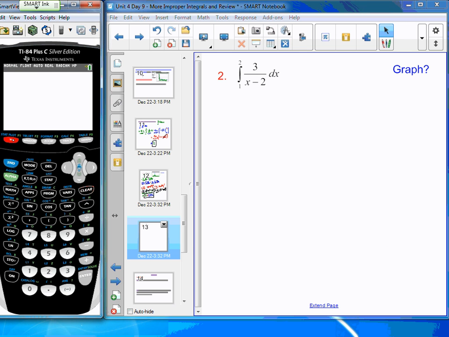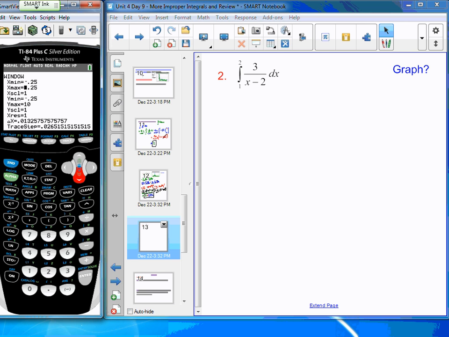So for my y equals this time, we want 3 over x minus 2, and we want from 1 to 2. For my window, I'm going to go negative 0.25 still, 3.25 still, I think.